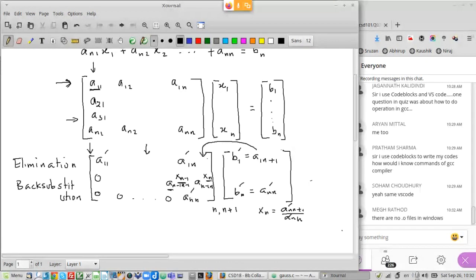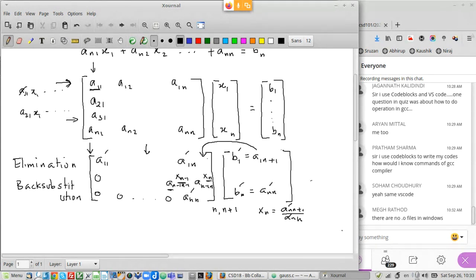And add this. These are the elementary row operations we discussed: multiplying a row by a constant and adding it to another row. That is the main operation that you do for elimination. So if you have a11, x1, and so on, you divide this whole equation by a11, so this becomes 1, and below this is a21, x1.